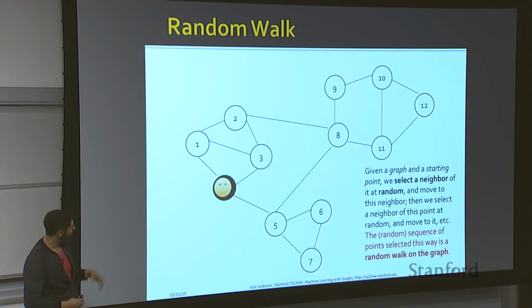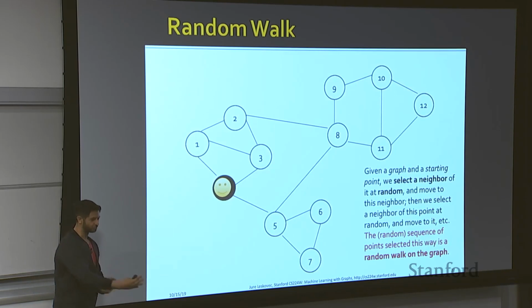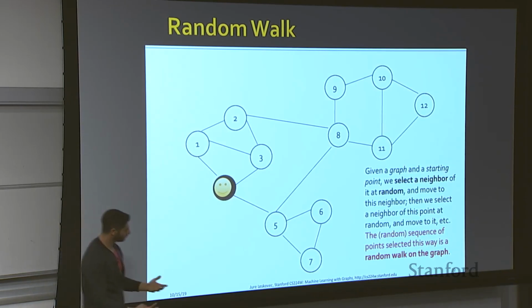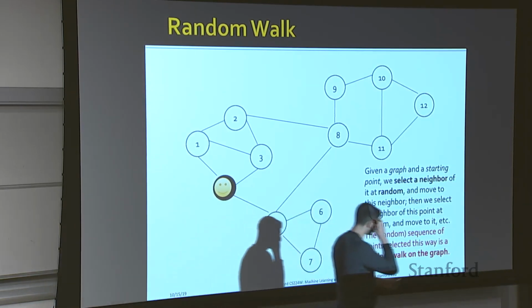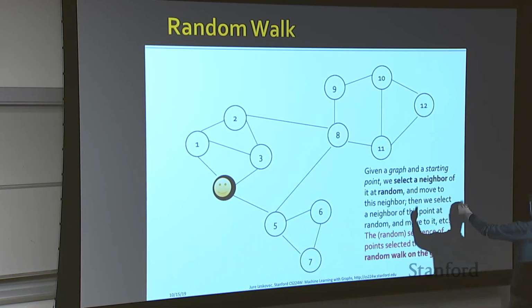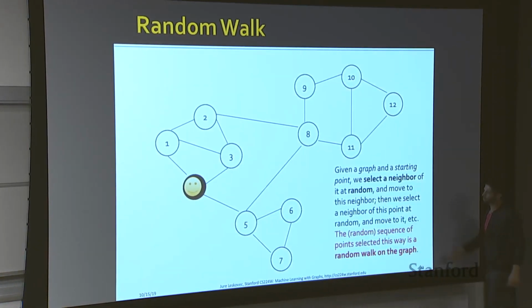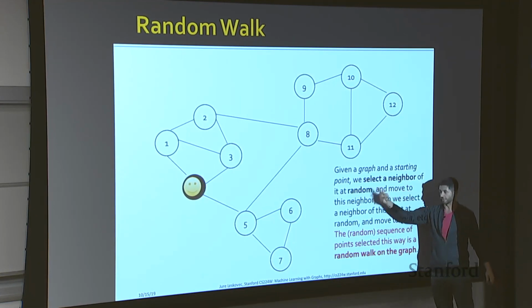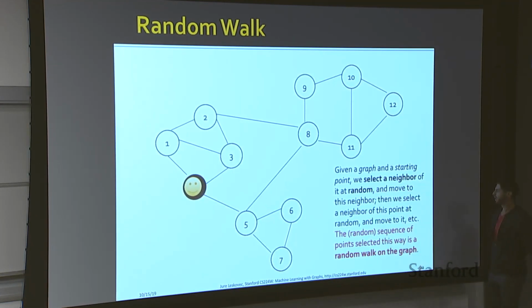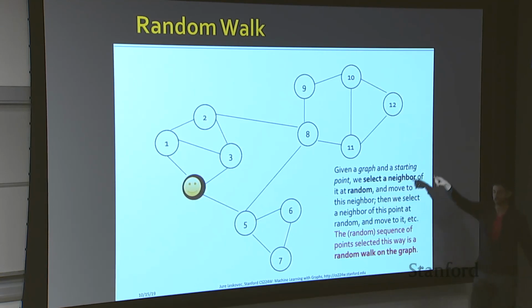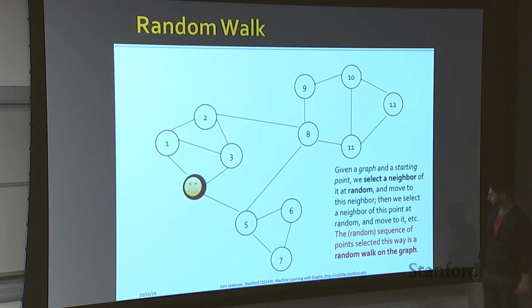So there's a very wide taxonomy of different random walks. But what we care about today is that you're given a graph and a starting point, in our case node 4, and then we select a neighbor at random and just move forward. The random sequence of all the nodes that you explore is basically the random walk on the graph.